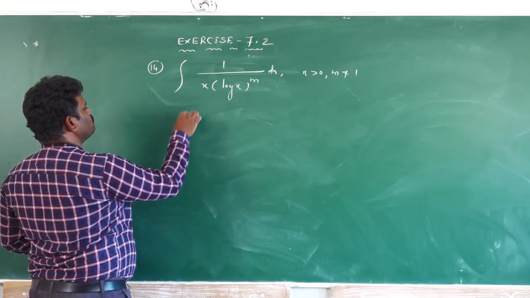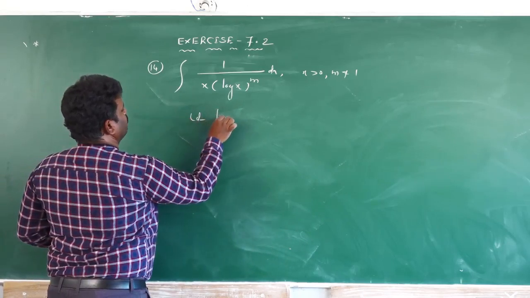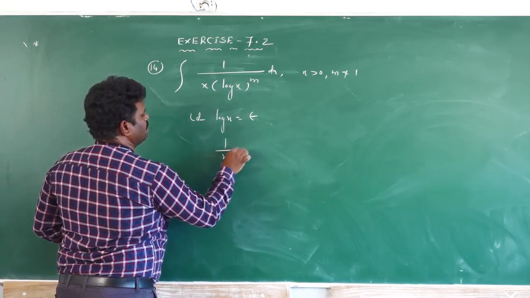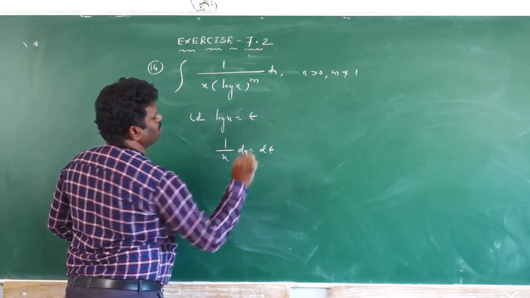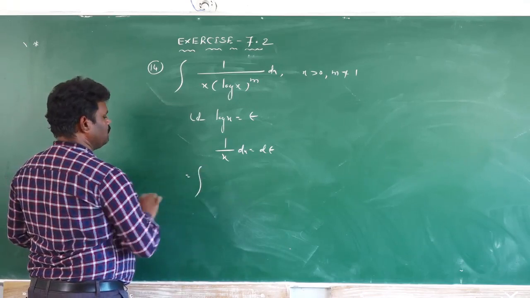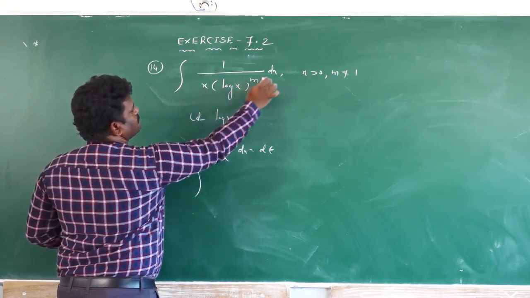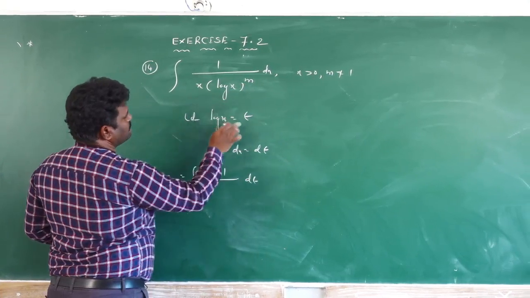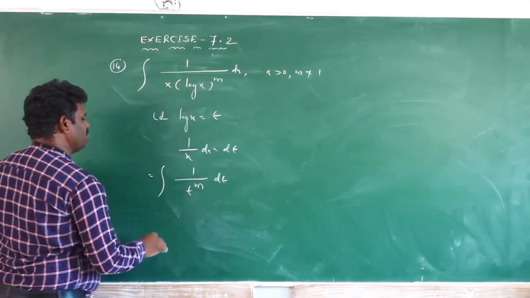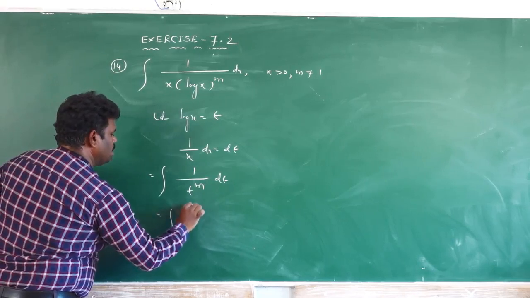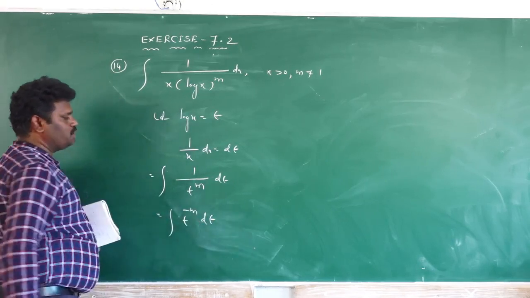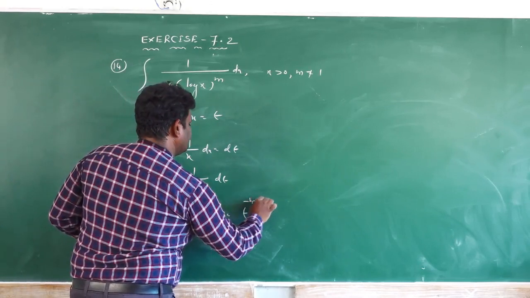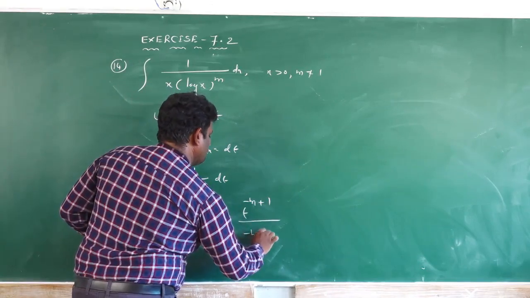Now here, the substitution we have done: let log x be equal to t. Then 1 by x dx is equal to dt. Now that is equal to the integral of 1 by t power m, that is t power minus m into dt, which is t power minus m plus 1 by minus m plus 1.